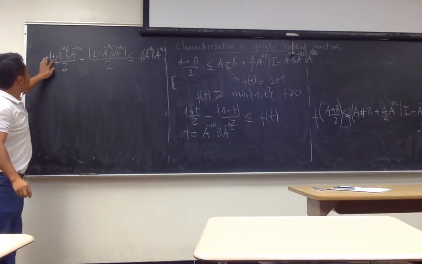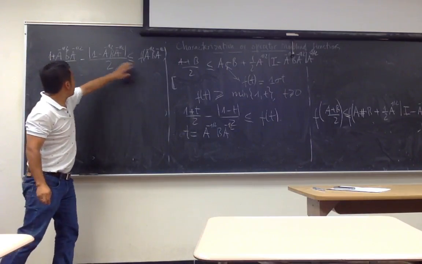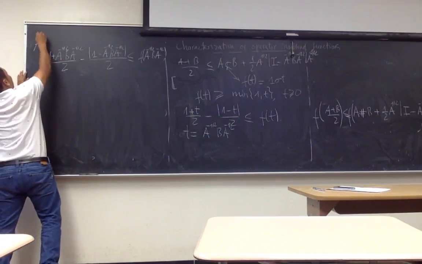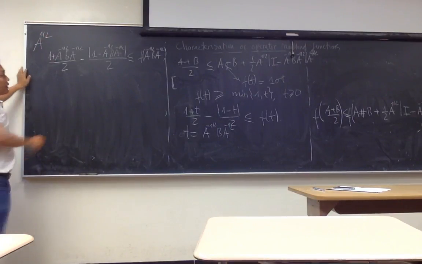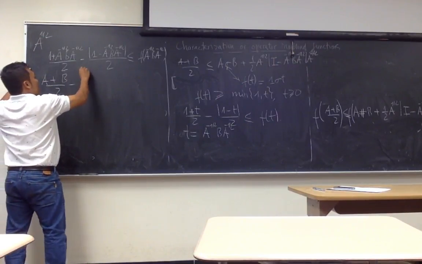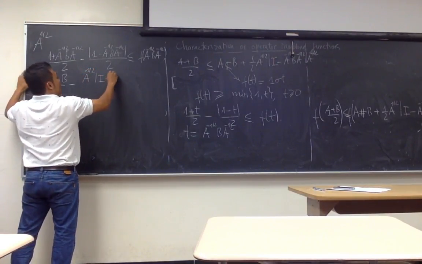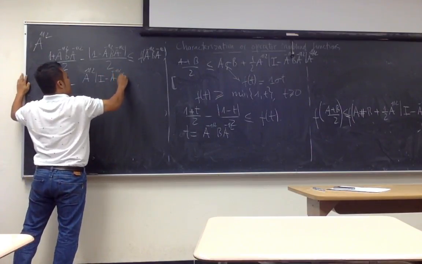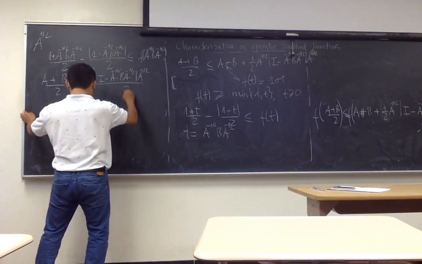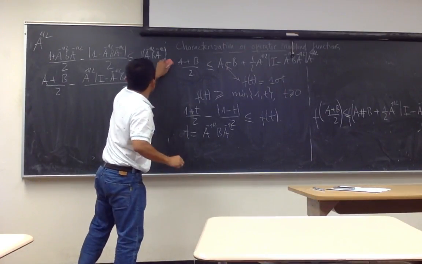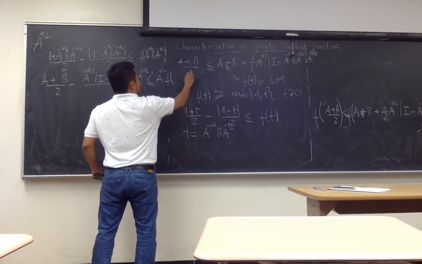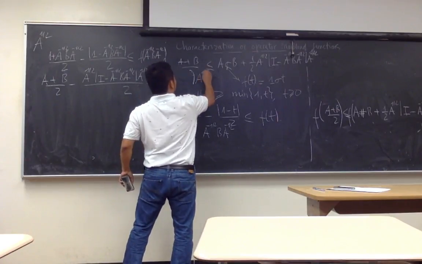After that, I will multiply both sides of this inequality from the left and from the right by A^(1/2). So I get (A+B)/2 minus A^(1/2) |1 minus A^(-1/2) B A^(-1/2)| A^(1/2) over 2, and this part equals A^(1/2), this one, and A^(1/2), right?